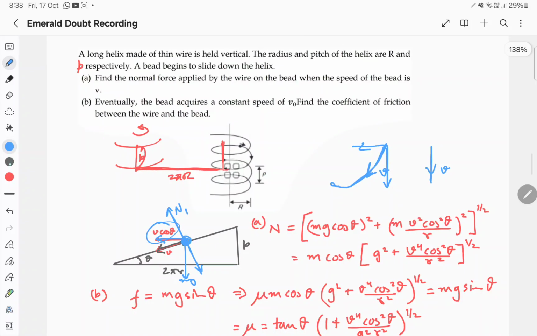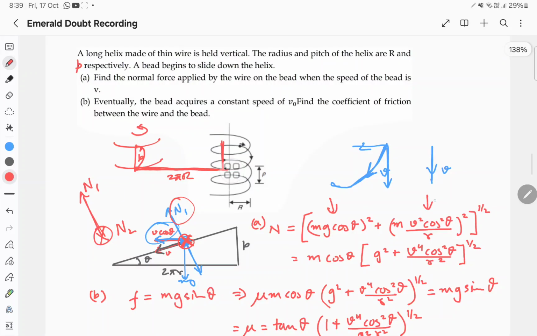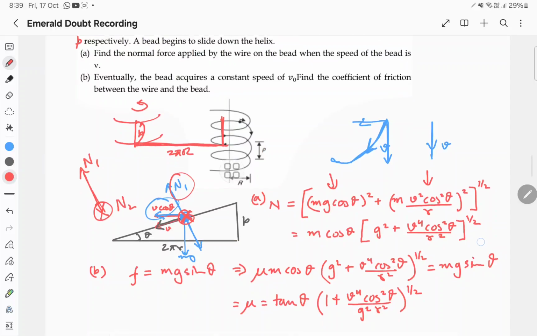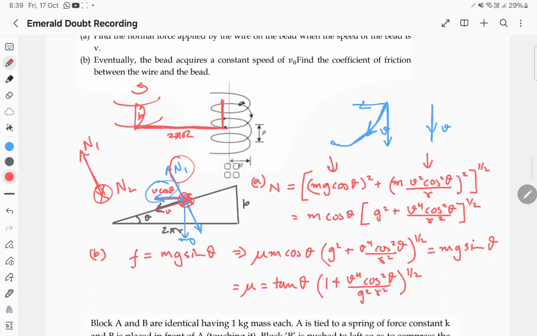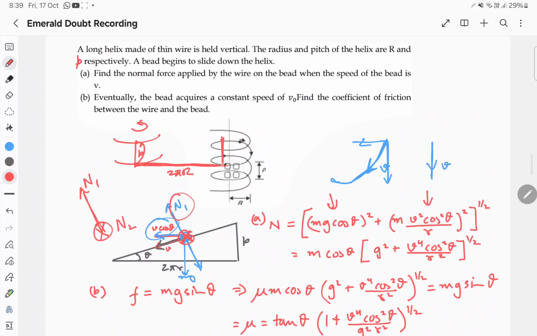So there is a normal force inside, which is definitely 90 degrees to n1, because n1 is in this frame and n2 is inside. Hence the net normal reaction would be the square root of n1 square plus n2 square, and that will give you the normal reaction, which is part A of the question.